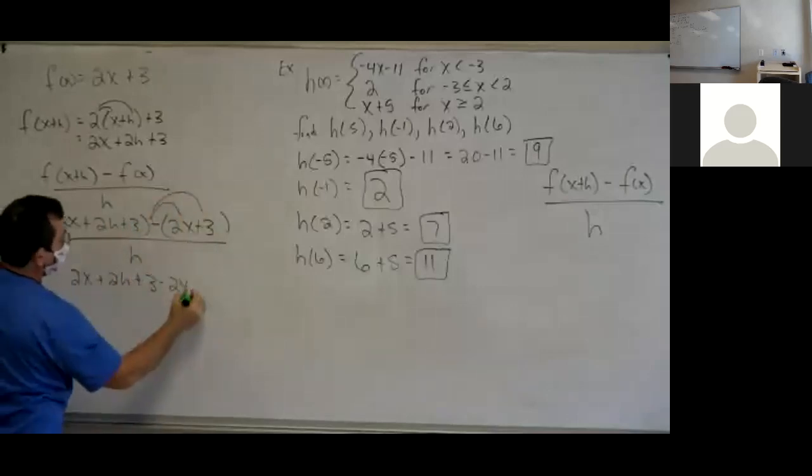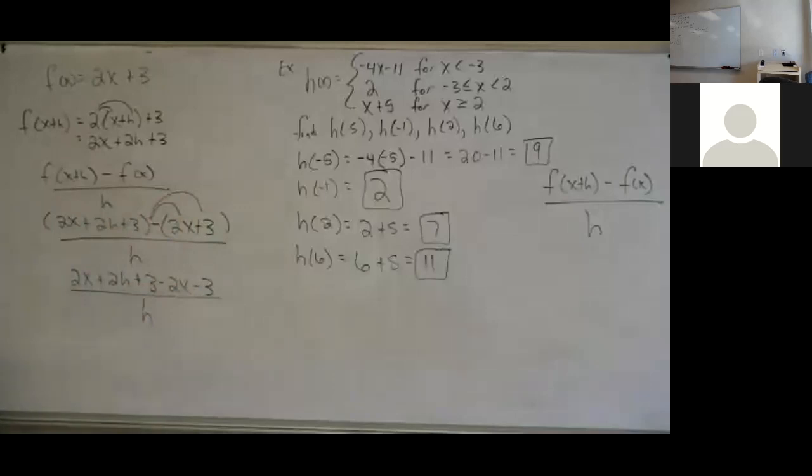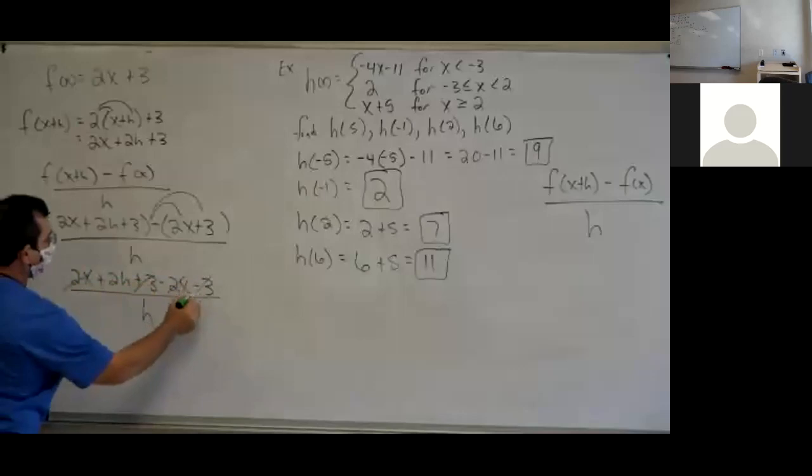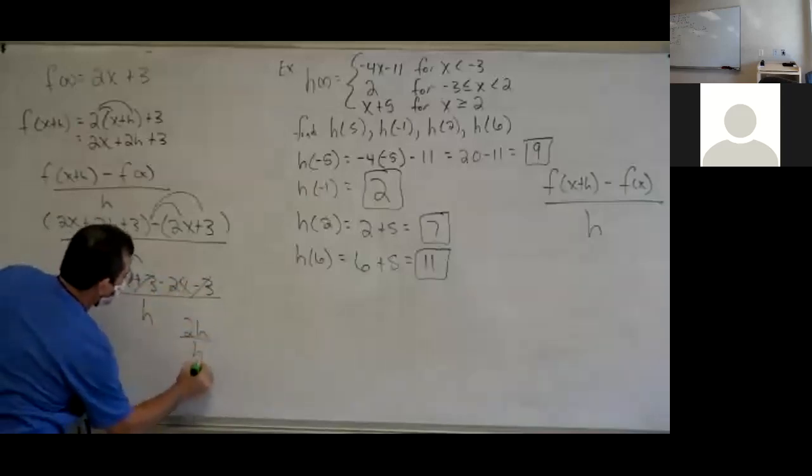Distribute the negative and make that a negative 3, all over h. If you did this correctly at this point, everything that does not have an h on top is going to cancel. That 2x cancels with the negative 2x, right? This 3 cancels with the negative 3. So I end up with 2h over h.